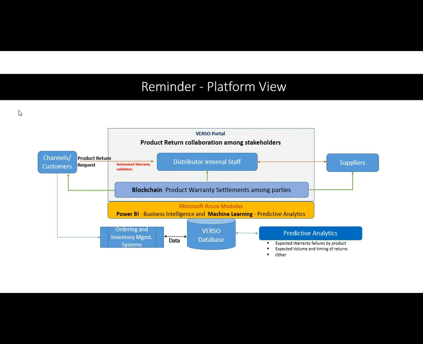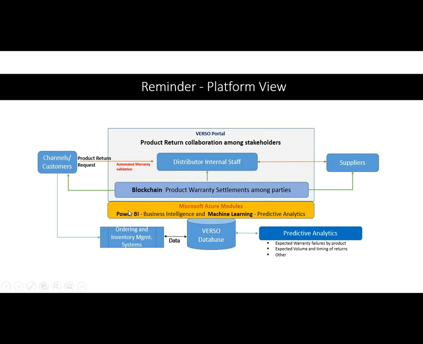The channel or the customer is actually participating within the portal. We have features such as automatic warranty validation because we use data from supporting systems, and I'll talk more about that in a moment. Internal staff of, say, the client, in this case a distributor, is involved with managing that workflow. And on the right side, the supplier is also participating.